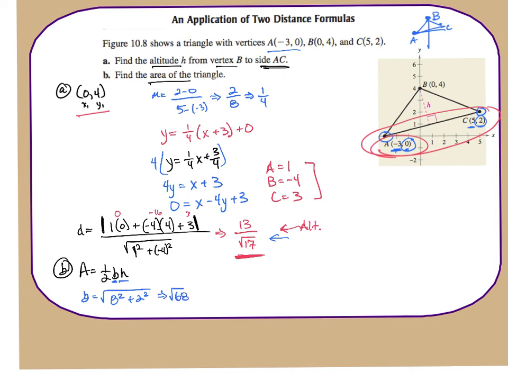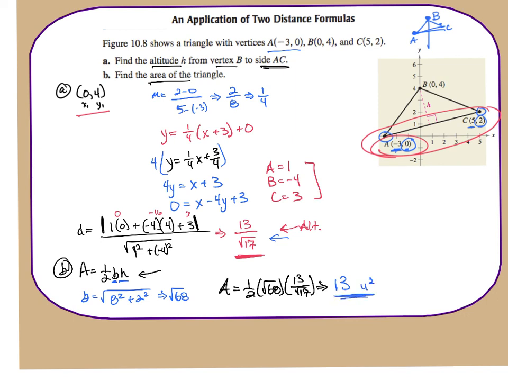All right, so we can use a calculator and put those into our area of a triangle. So area is equal to 1/2 my base of square root 68, and then times my altitude of 13 over square root 17, and I'd end up with 13 units squared because it's area.